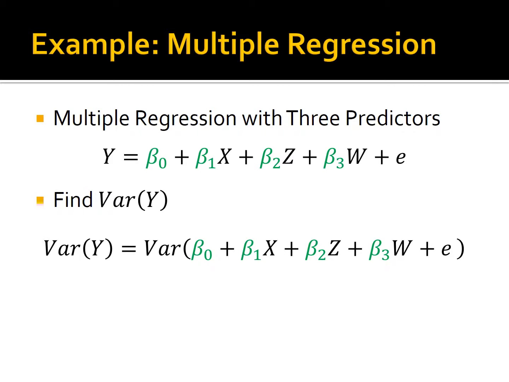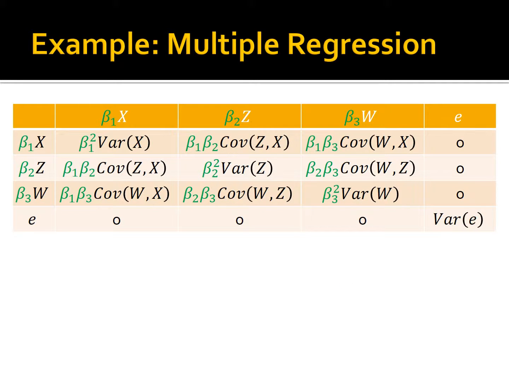Because we know that the intercept is a constant, we can remove that from the variance. Then we need to find the variance of the sum of 4 random variables. So I make the matrix and we get this, right?